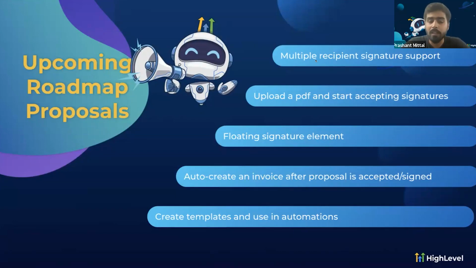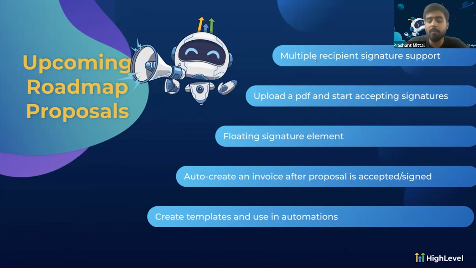Another thing that we have in the list to work on is uploading a PDF and starting to accept signatures. This is another crucial feedback that we have received, and this makes a lot of sense as well, that hey, I have my own PDF or my own document already existing, and why not just upload that PDF and start accepting signatures above it, or start using it as a proposal.